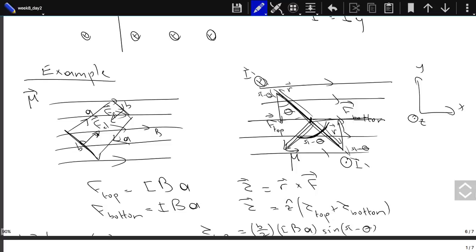Only if there is a uniform magnetic field do the forces just cancel each other. But if I don't have a uniform magnetic field, the magnetic field at the top might be larger or smaller than the magnetic field at the bottom. In such a case, the magnetic field will exert a net force on my dipole.